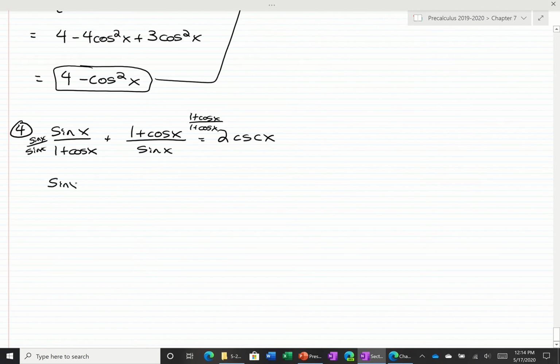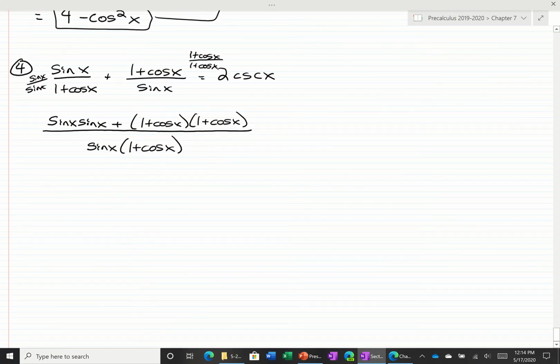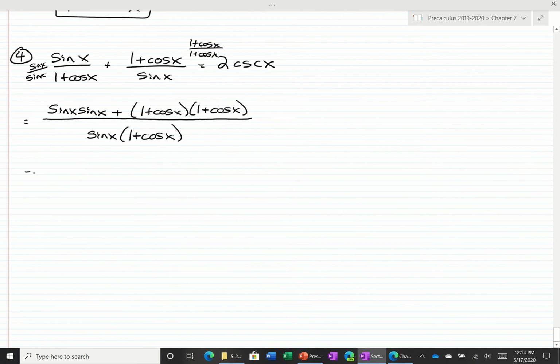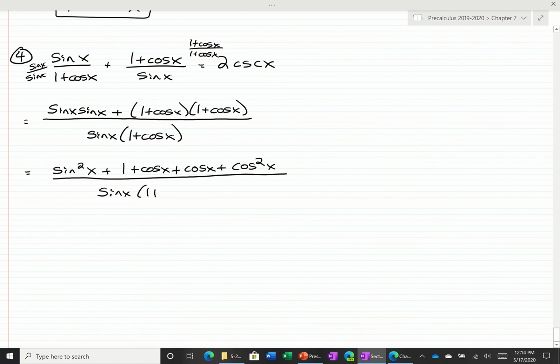So we get sine of x times sine of x plus 1 plus cosine times 1 plus cosine, all over the denominator sine of x times 1 plus cosine of x, which turns into sine squared of x plus 1 plus cosine plus cosine plus cosine squared of x over sine of x times 1 plus cosine.